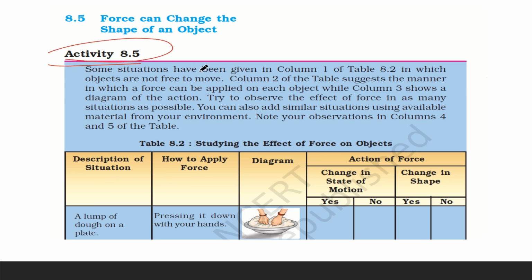Some situations have been given in column 1 of Table 8.2 in which objects are not free to move. In column 2 of the table, all the manners in which force can be applied on each object are suggested, while column 3 shows a diagram of the action. So first we are showing how the force is applied and how the object is not moving freely.